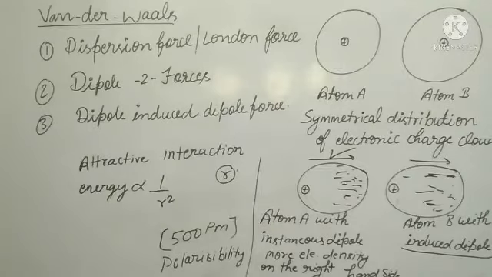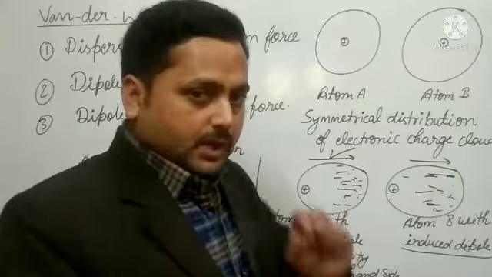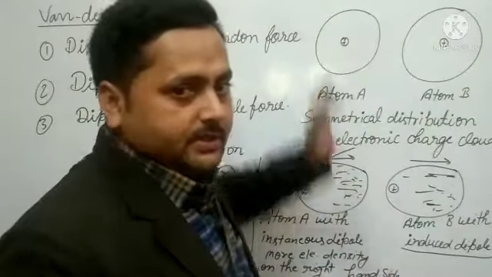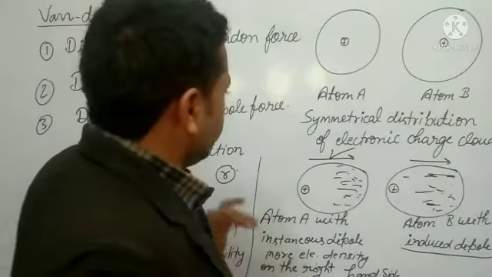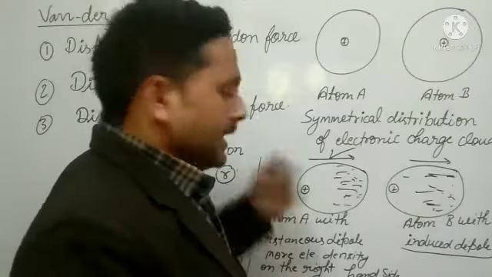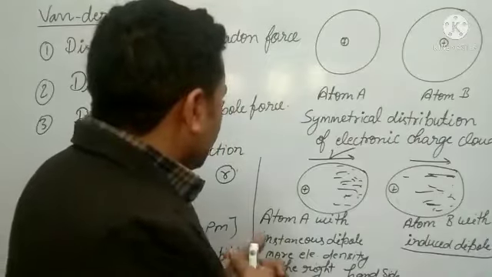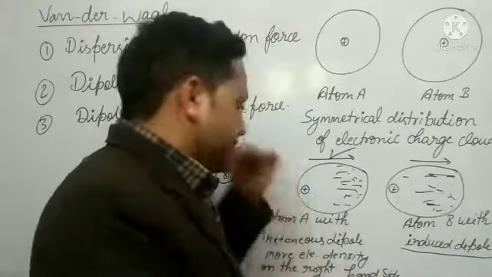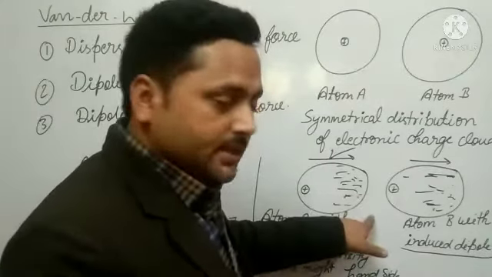So students, one more time I would like to revise here, in just 1 minute. These two are symmetrical atoms, in which the electron is symmetrically distributed. What happens is that for a short time, in atoms, the electron moves to one side and the positive charge moves to the other side. Here the electron moves to the right side, left side.